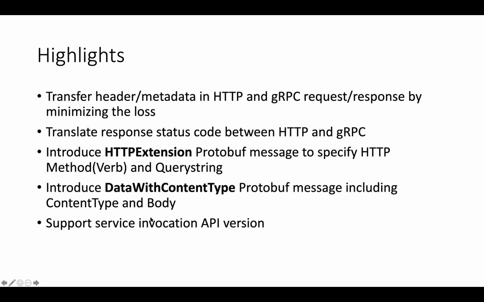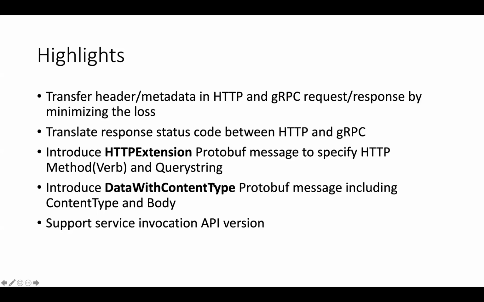The last thing I would like to highlight is that right now, service invocation building blocks support API versions. Later, once we introduce a new version of the API, let's say a new V2 version of the service invocation API, there's a way in the new implementation to handle these different API versions.